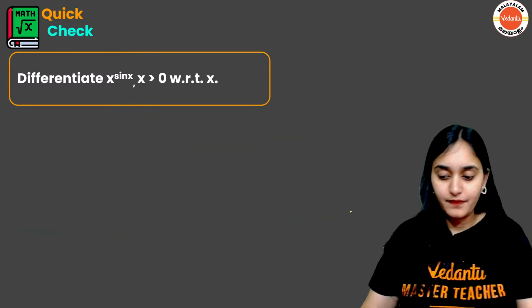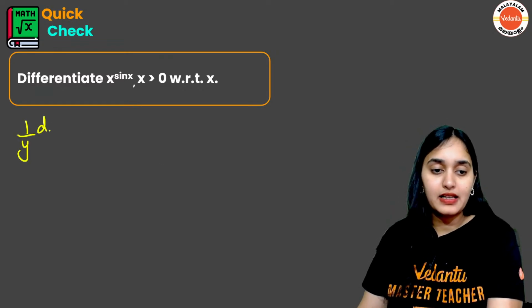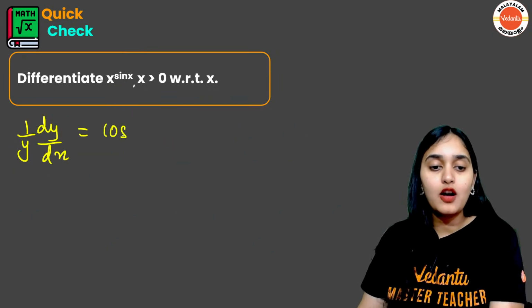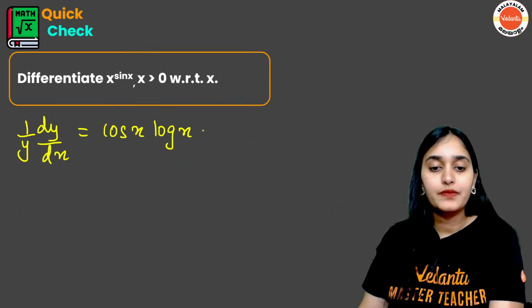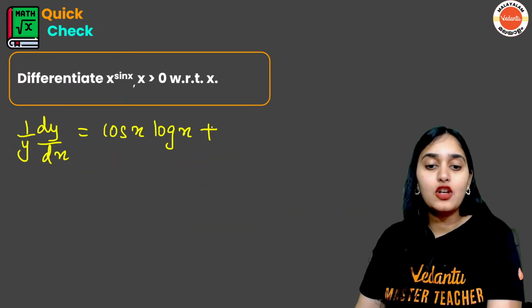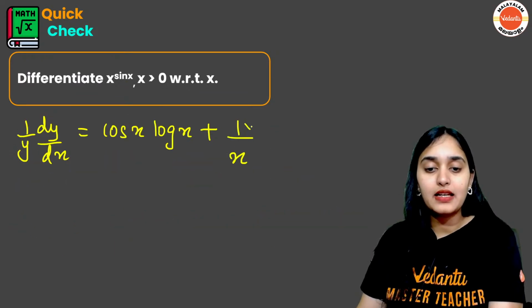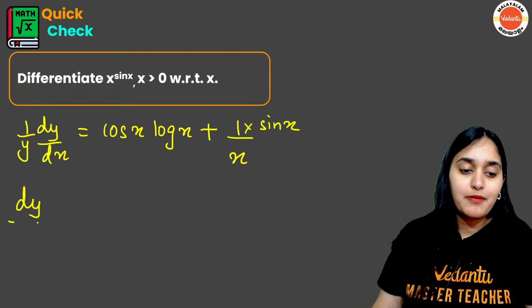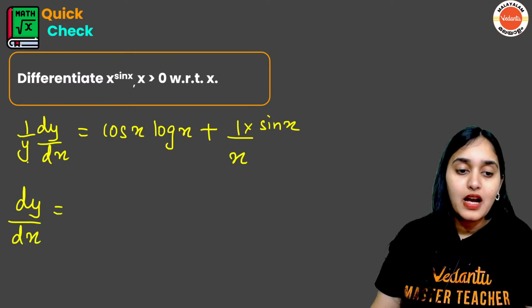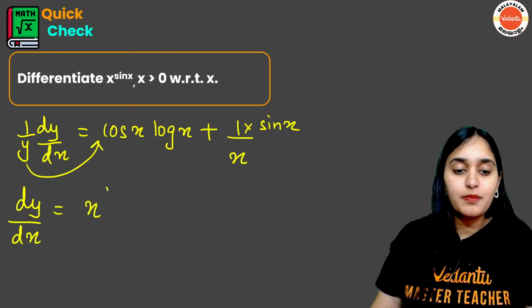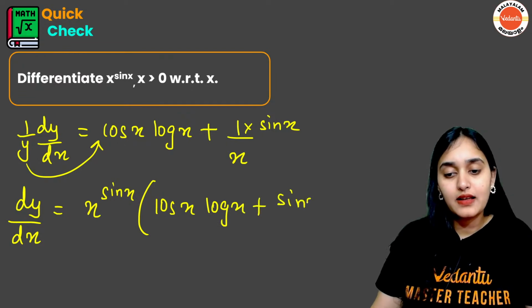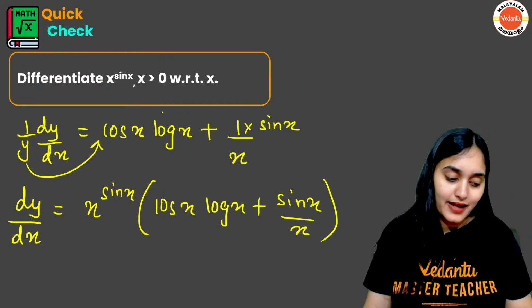So we get 1 by y dy by dx is equal to, differentiation of sin x is cos x log x plus differentiation of log x is 1 by x into sin x. Now we simply multiply dy by dx is equal to, y will go to this side, so x to the power sin x into cos x log x plus sin x upon x. This is my answer.